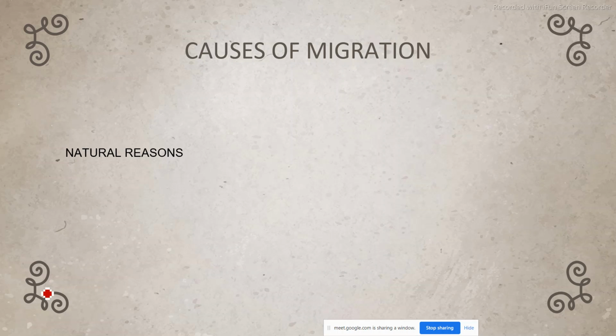So these are called natural reasons, and this has happened many times in history, that people move from one place to another because of natural reasons. If you go back in history, the prehistoric man used to migrate because of natural reasons, because he had no religion, and he was not in search of employment in some other country.